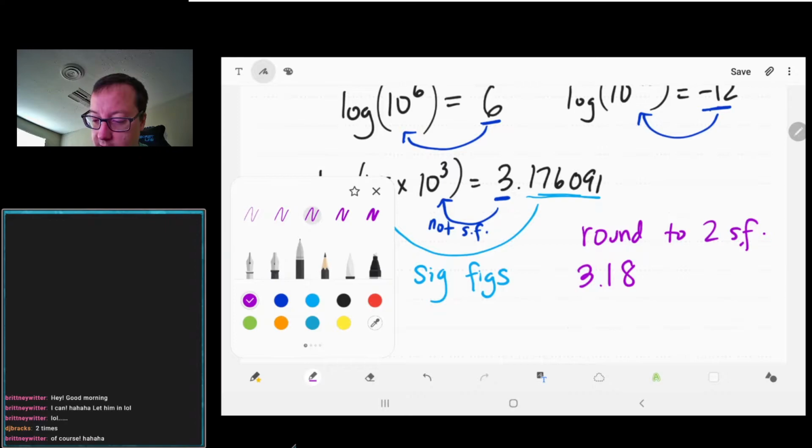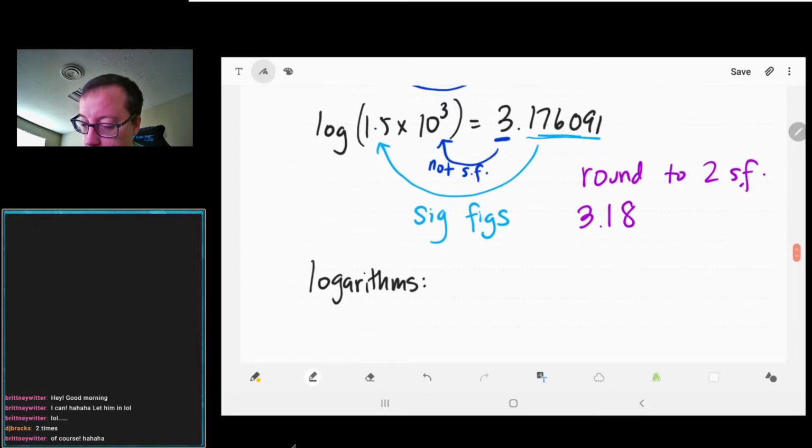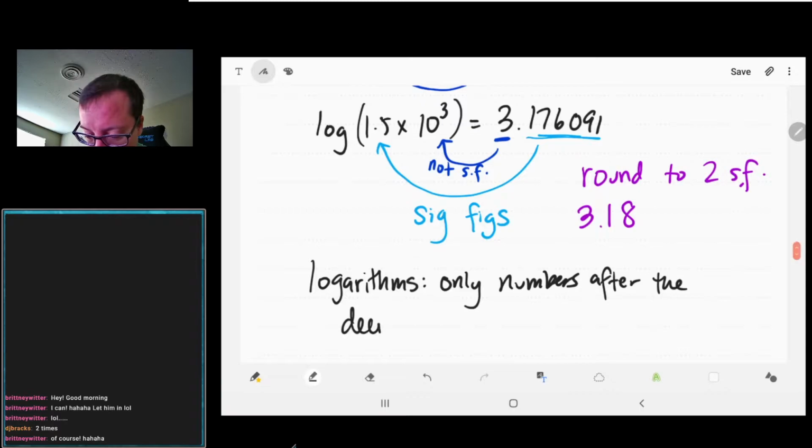So here is our giant, what the heck moment. But that's what you'll want to learn. So for logarithms, only numbers after the decimal point are significant.